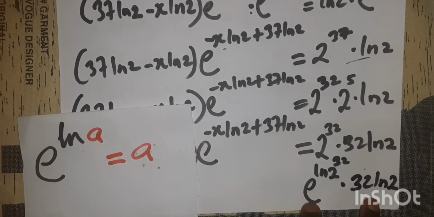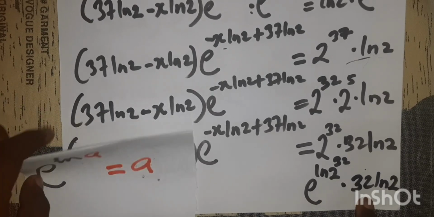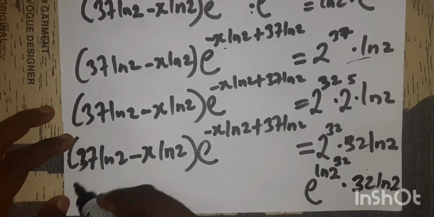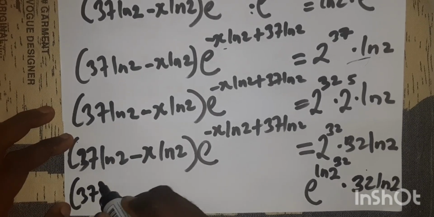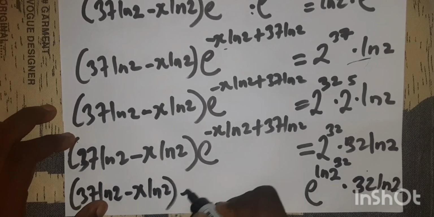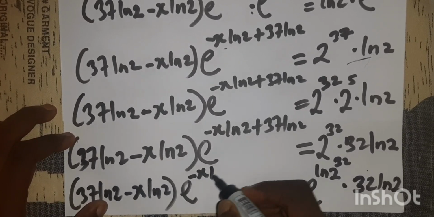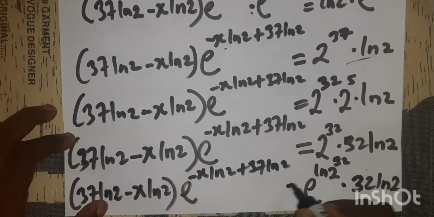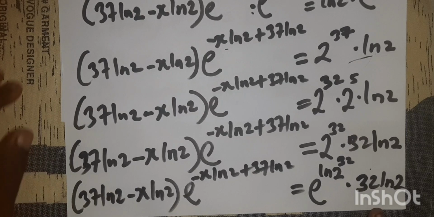I'm still trying to make sure I manipulate this to be in that product log form I showed you. So rewriting the left hand side, I still have my 37 ln of 2 minus x ln of 2 times e raised to the power minus x ln of 2 plus 37 ln of 2 equals to what we have here on the right hand side.